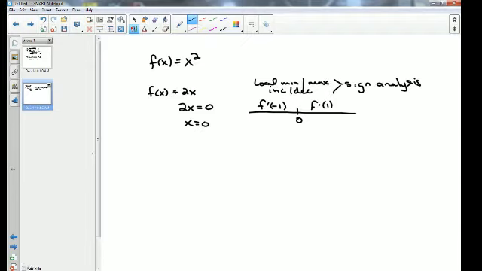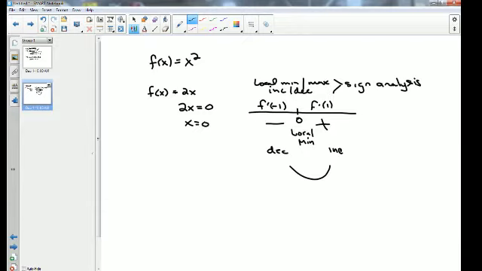What do we got? Okay, so local min, remember, negative to positive, minimum. And this means the function is increasing or decreasing? Decreasing and increasing. So we know it's going to probably look something like that, right?